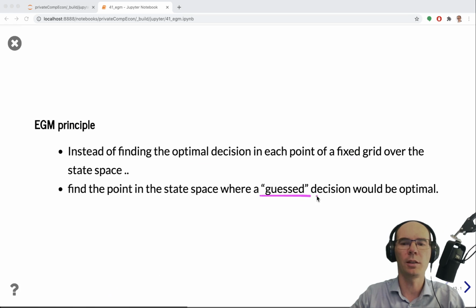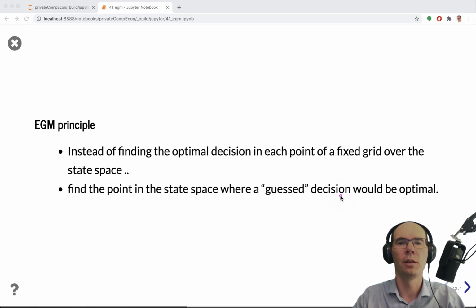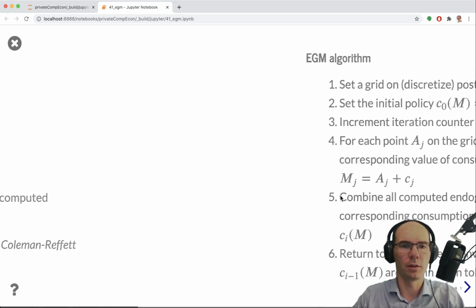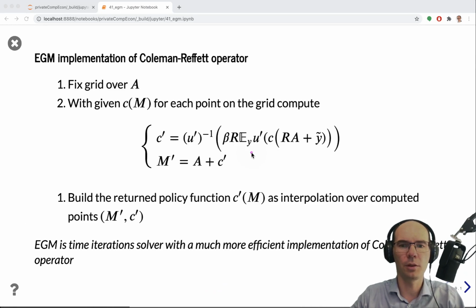So it's like we're guessing the answer, and then through the inverted Euler equation, we can reconstruct the point in the state space, the amount of wealth, where that guessed action would actually be optimal. Going back to this expression, for each point of A that we can plug into here, we would find the choice that would be optimal for this point of the state space.